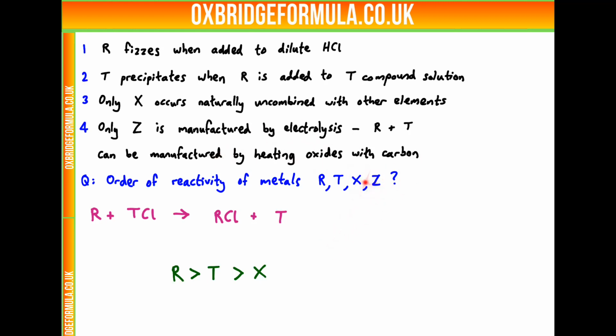And so even if we don't know what this tells us about the relative reactivities of the metals, the wording of the question suggests that it takes more to manufacture metal Z from its compounds than it does to manufacture R and T. And of course, if we do have to use electrolysis, this requires an electrical current rather than simple heat. And so all of this suggests that Z is more reactive than R and T.